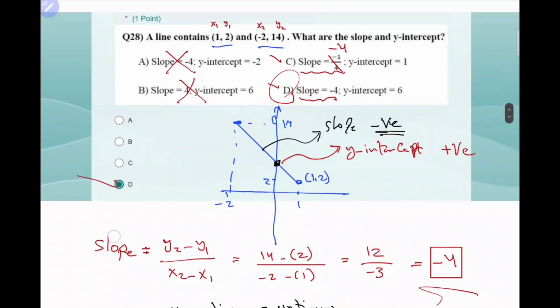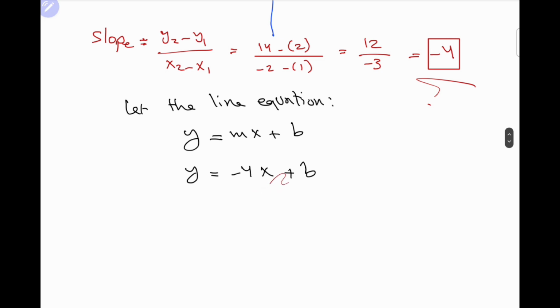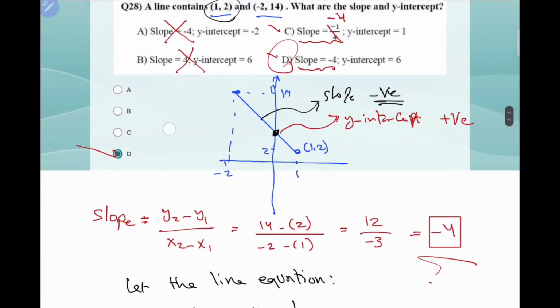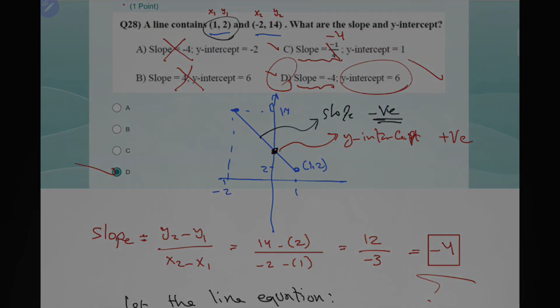So let's pick a point which is (1, 2). So when x is 1, we know that y is 2. So 2 equals minus 4 plus b, so b equal to 2 plus 4, which is equal to 6, which is the same as the y-intercept here. Thank you.